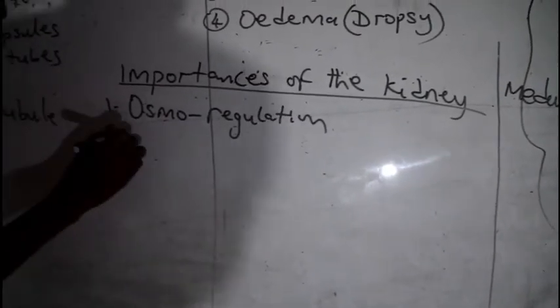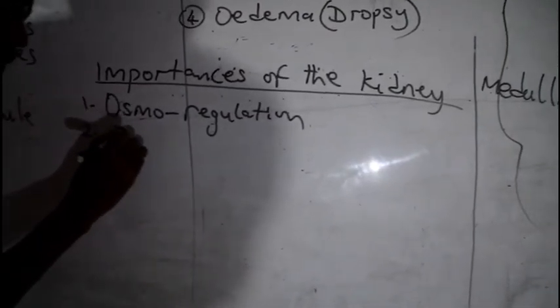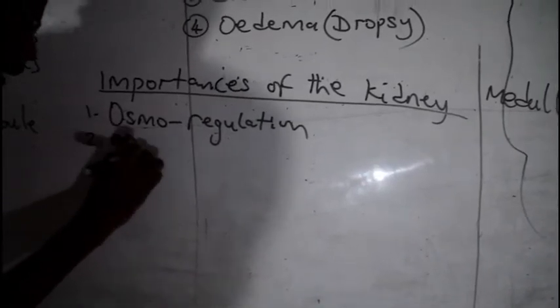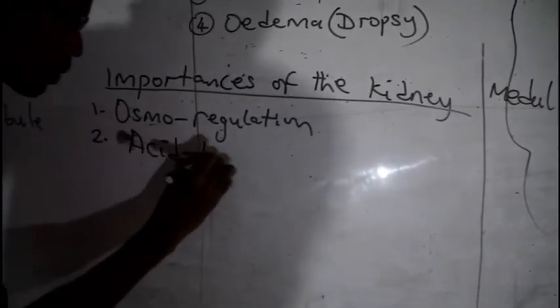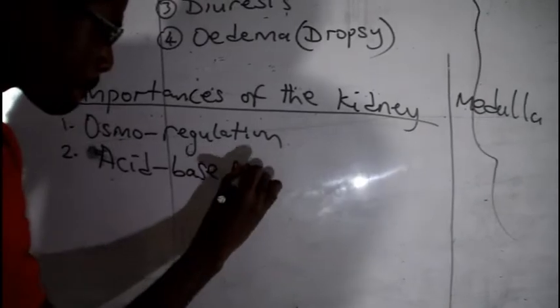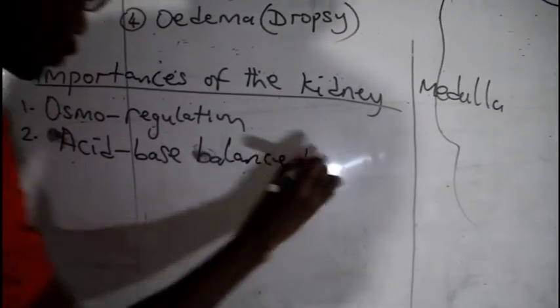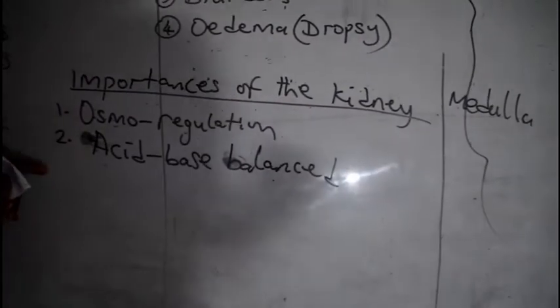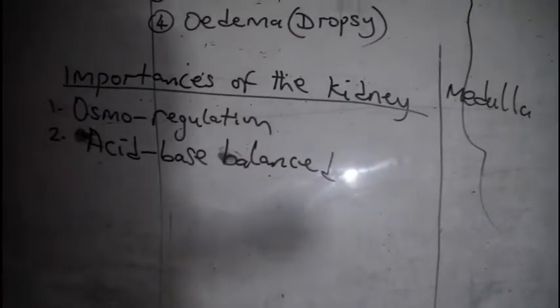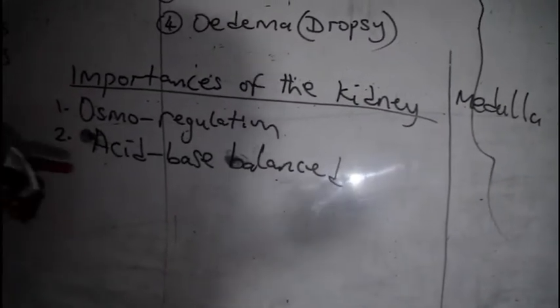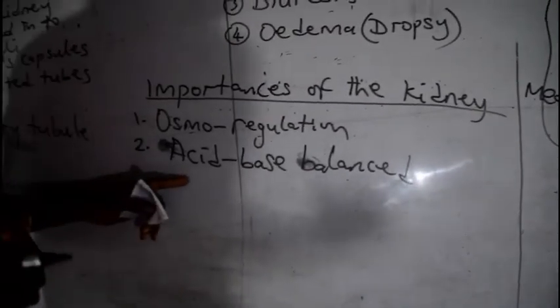The kidney functions again in maintaining acid-base balance. So the kidney has a way of maintaining acid-base balance in the blood. When the blood is too acidic, the kidney will excrete acidic radicals.